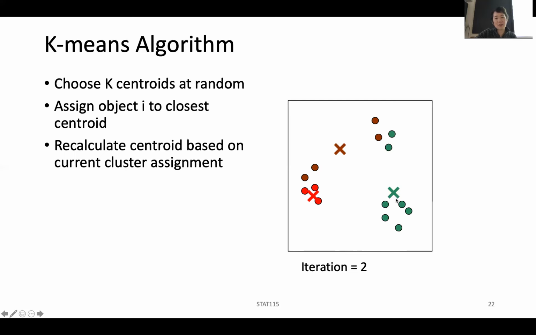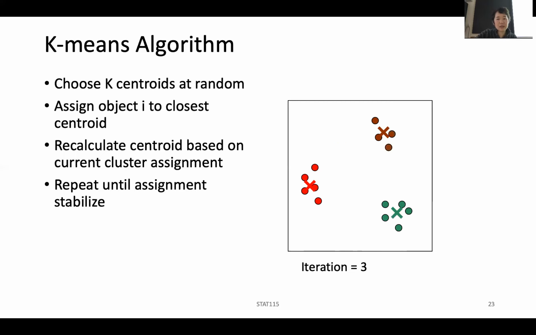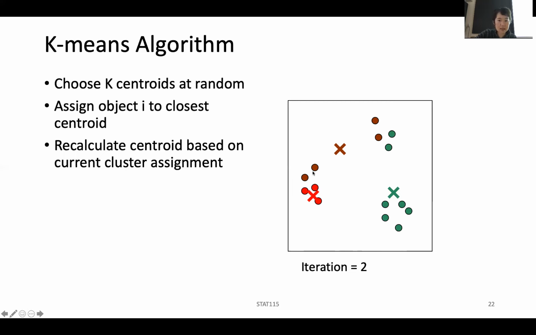Let's just calculate their average in here. And the next round, we will use the new cluster centers to reassign the dots. For example, for this gene, we're going to calculate its distance to the red center and the brown center. And you will see that it will be assigned next time to the red because it's closer to that red center.